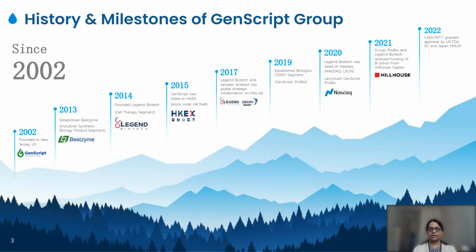In 2019, we launched the GenScript ProBio division, which is a biologic CDMO service provider. And in 2022, Legend CAR T therapy received US FDA approval. So in summary, GenScript has a long-standing record of innovation and excellence in the life sciences, and it's well known as one of the top service providers in the field of cell and gene therapy.